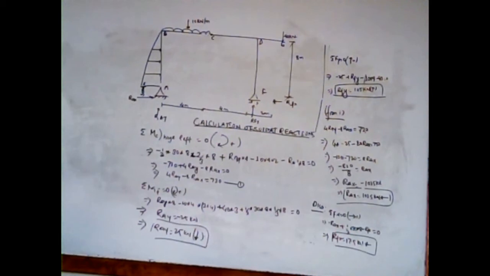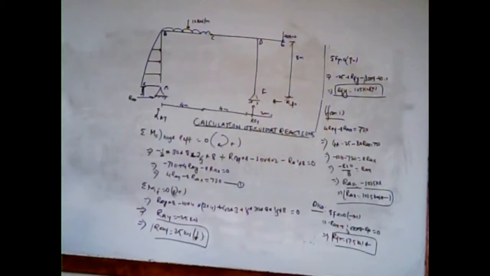Likewise, we can do the summation of moment at point F equals 0. Here we can do it at any point, either A or F, so we are taking the summation of moment at point F equals 0.